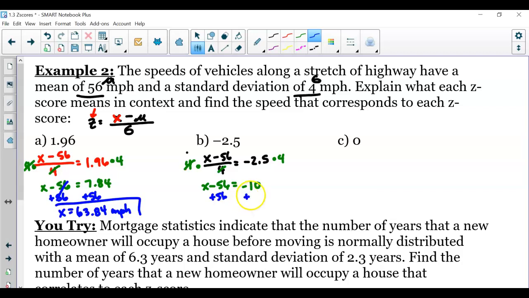Add 56 to both sides, which gives you a speed of 46 miles per hour, which again matches that this speed is under 56 because you had a negative z-score. Then remember, if you have a z-score of 0, that is equal to the mean. So this represents 56 miles per hour.